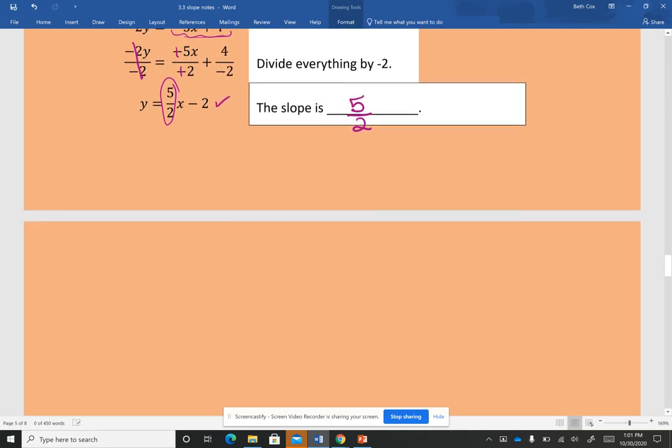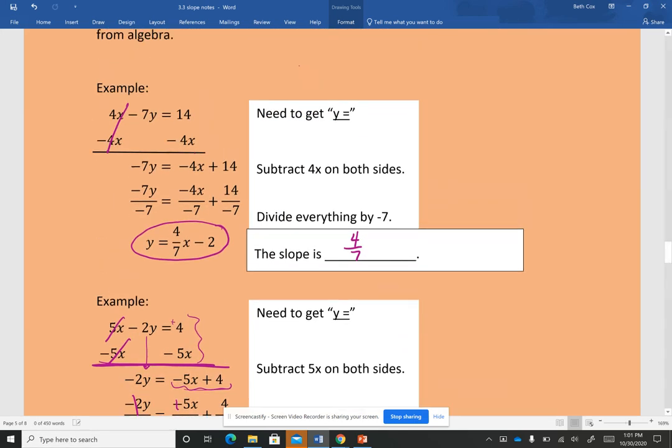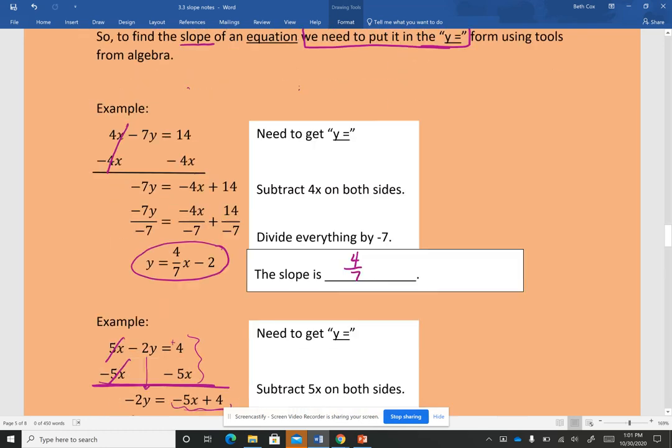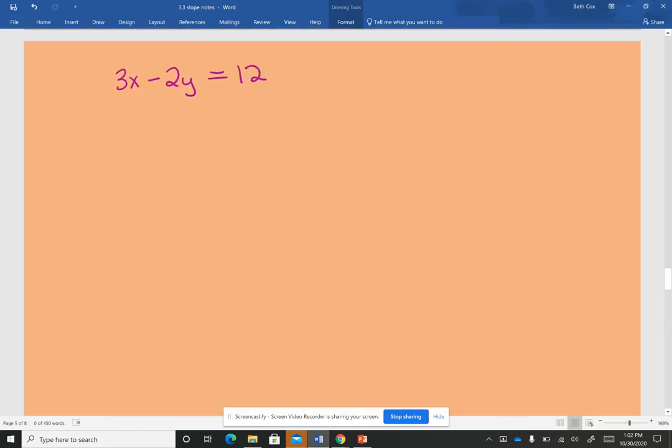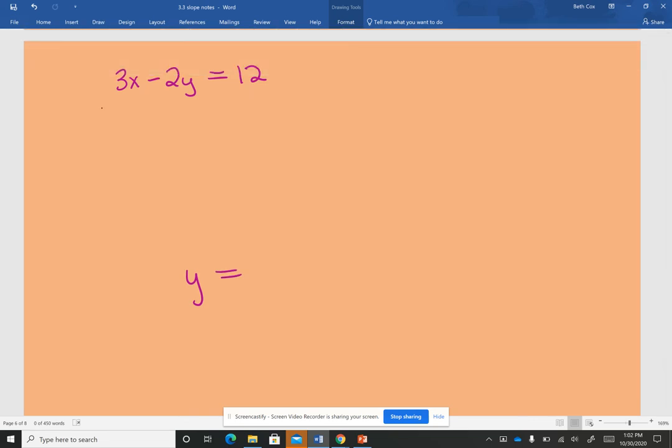Okay, so let's do one that hasn't been done so that you can actually see it. So let's do the one we had. 3x minus 2y equaled 12. Is that what we had? I think it is. Okay, yes. All right. And so we want to make it say y equals. That's our goal, to make it say y equals. Okay, so I'm going to subtract 3x on both sides. And that's going to go away.